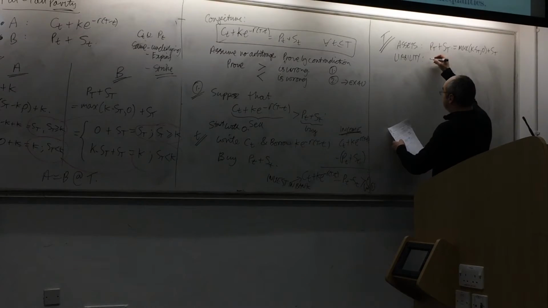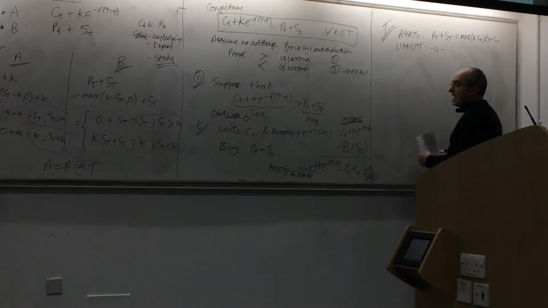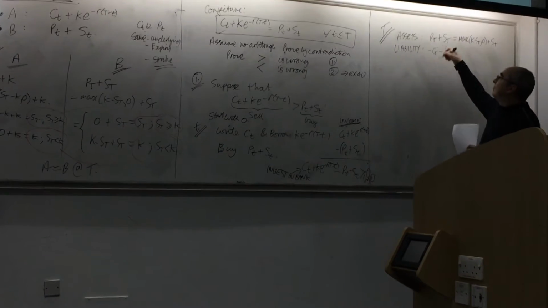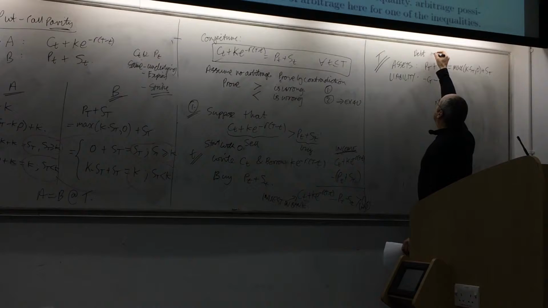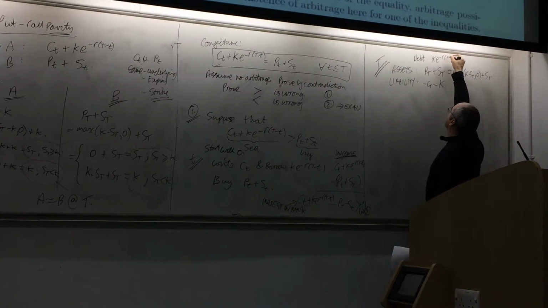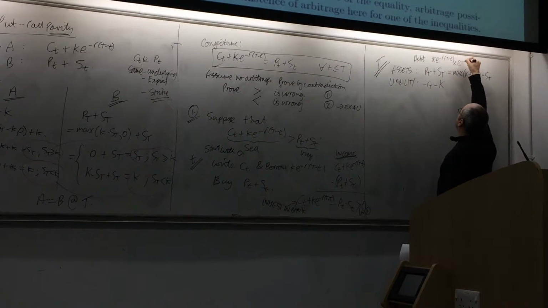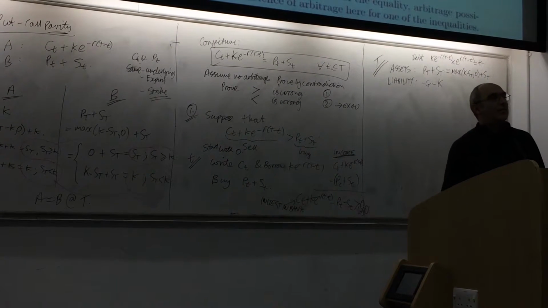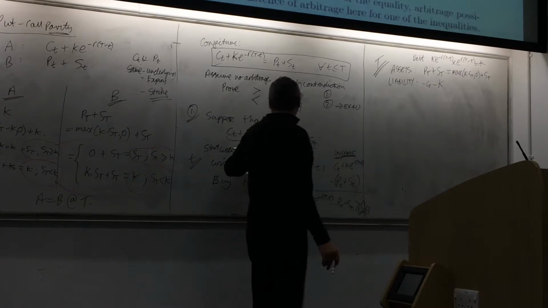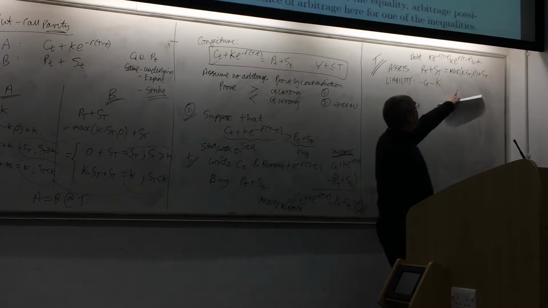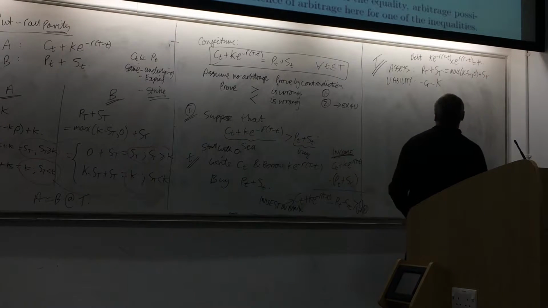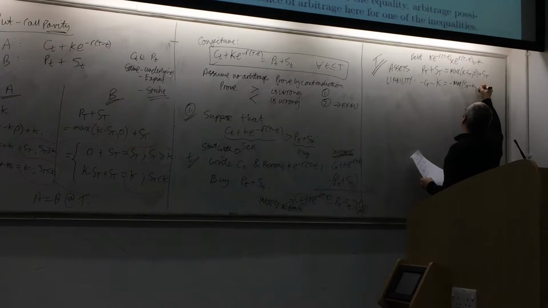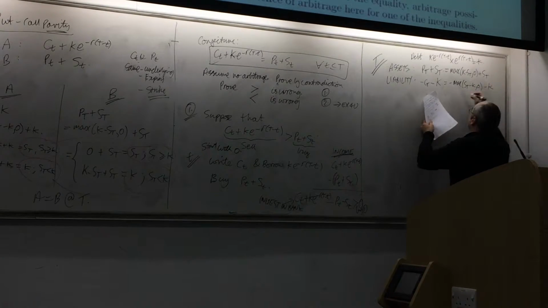So my liability is minus the call payoff, and also my debt has now gone up to K. Because my debt goes from K e to the minus r(T minus t), I multiply the interest on it, and that gives me K. So I borrowed this amount of money at time little t. When I get to expiry, that money's gone up to K that I owe. So this then is minus the max of ST minus K and 0, minus K.